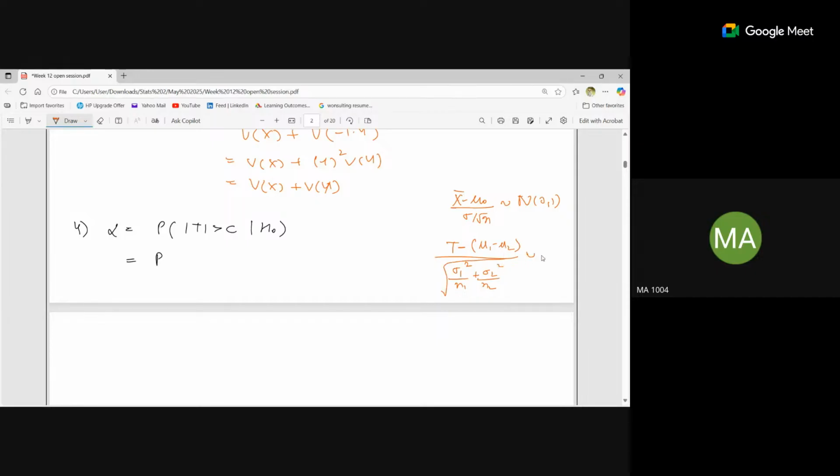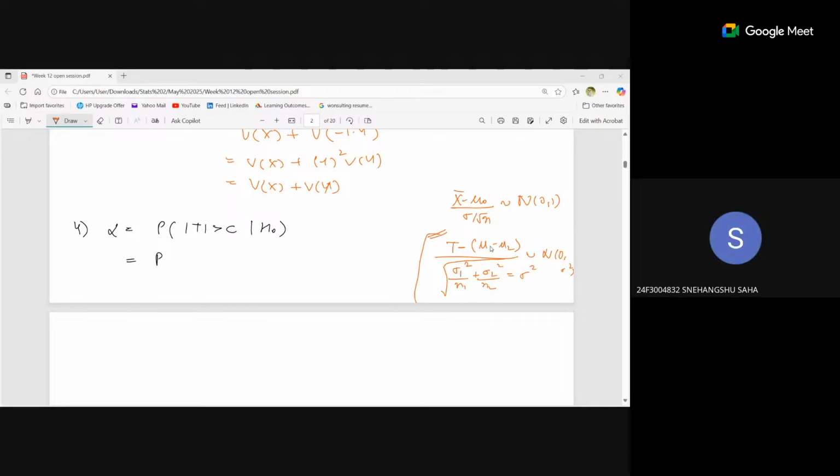Now this will be following a normal with 0, comma some sigma square, the variance. Is this part clear? T minus, this is the mean and this is the variance.